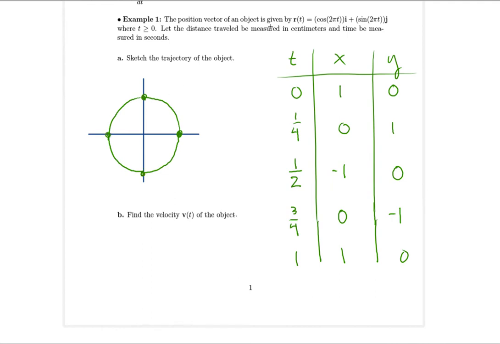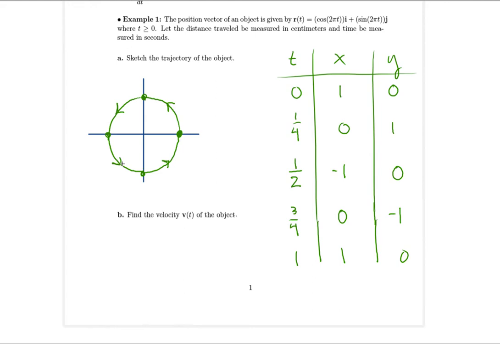And because we know that when we're using the cosine of an angle and the sine of an angle to represent our x and y respectively, we started here, and as t gets bigger, we're heading in this direction. So we can think of this like a particle moving in the counterclockwise direction of this circle.